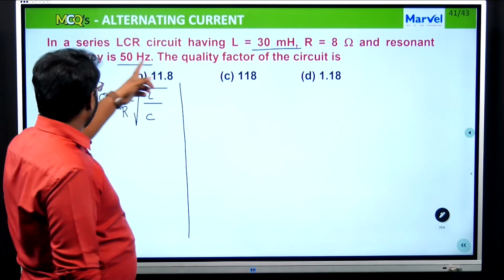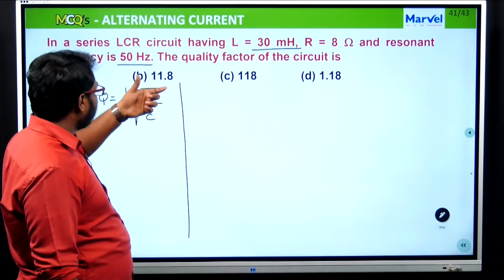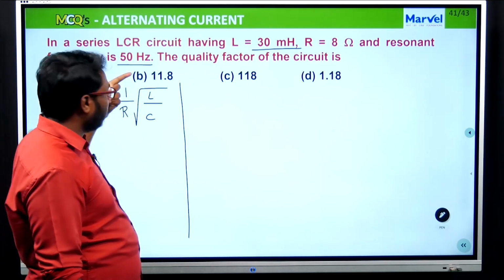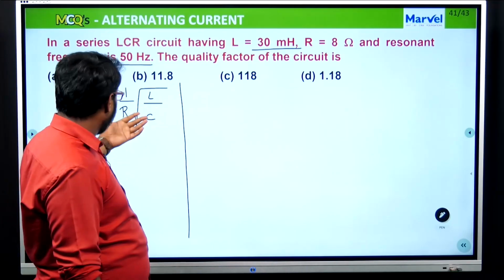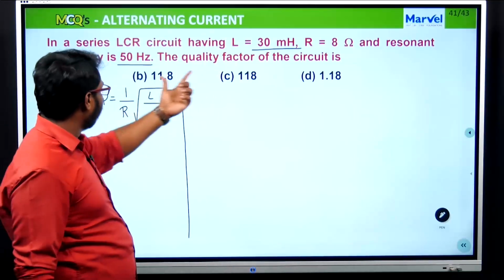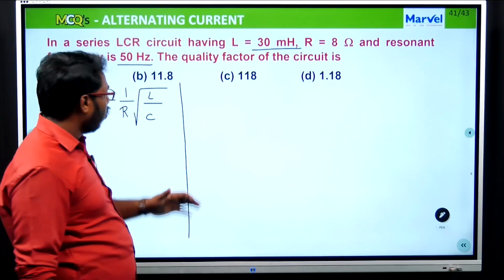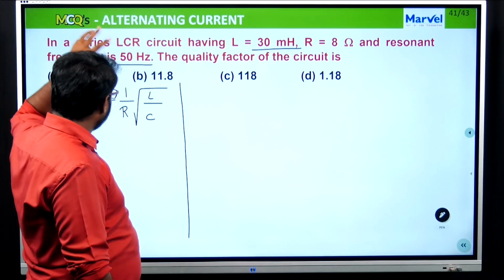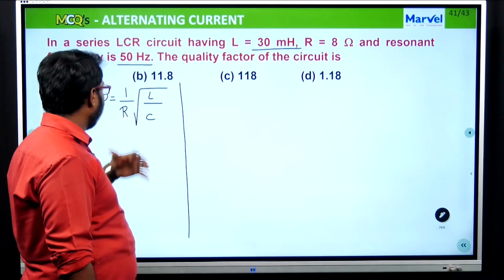If you have a close look at this question, there is a very important clue to get the value of C, because here we don't have the value of C. So you have to choose a formula and first find your C and then plug it in.